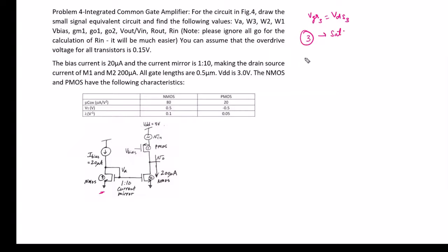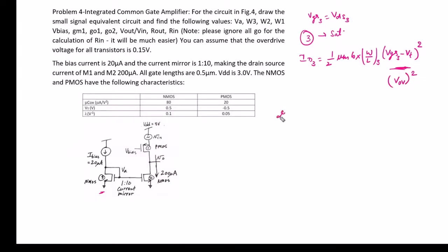So we can use the saturation current equation, which can be written as ID3 is equal to half mu n COX W by L of the third transistor times VGS3 minus VT squared. This VGS3 minus VT is VOB, so instead of VGS3 minus VT, we can write VOB. So it will be VOB squared.